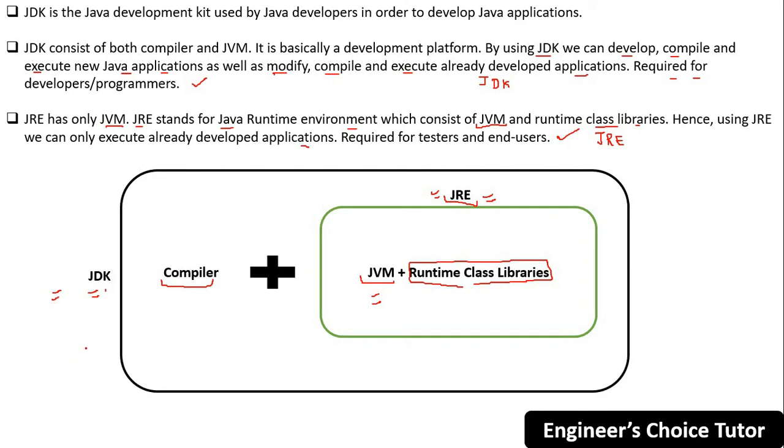So whenever you install JDK, JRE is also installed automatically. You can install JRE alone also. But the point here is whenever you install JDK, JRE will also come automatically.